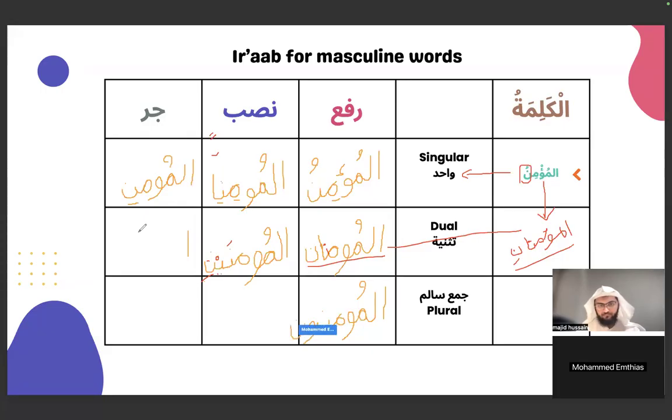Mu'minuna. And in the state of nasab, going to be the same, no, mu'minina.